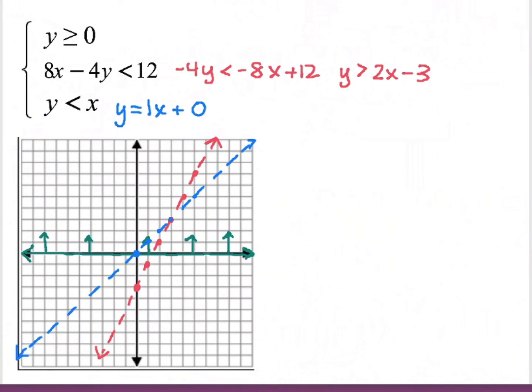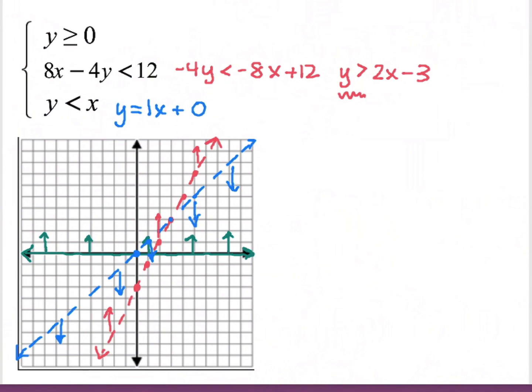Forgot to do my arrows on the second one. This one was y greater than, so I'm shading above this reddish line. So above the greenish line, above the reddish line, but then this one's below that line. I wonder if this will be the hardest part. Can you tell what part of this graph would have been shaded all 3 times?